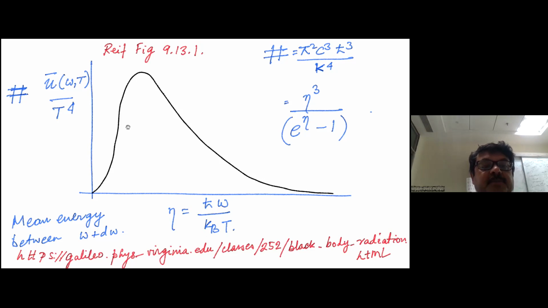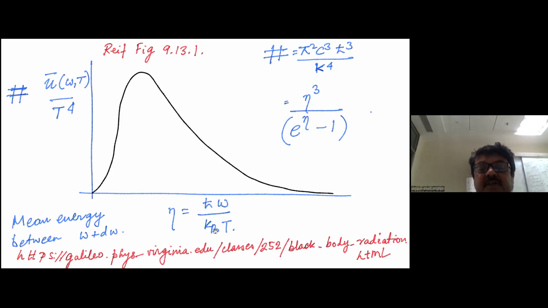And at different temperatures, if one takes a black body, and you must have already heard of what a black body is, we'll discuss it very briefly, and plots the energy density versus eta, where eta is h cross omega by k_B T. So for various values of this ratio, eta is a dimensionless unit.